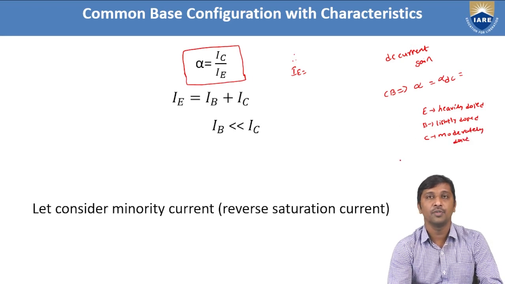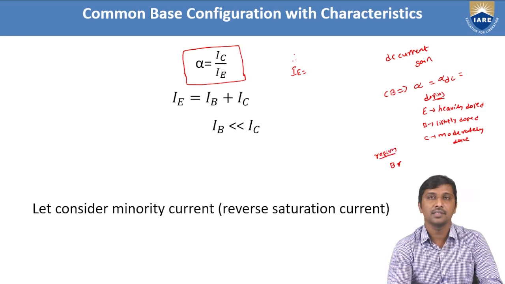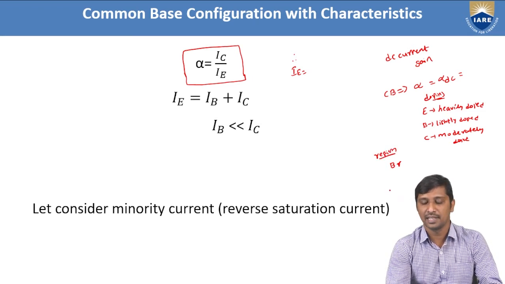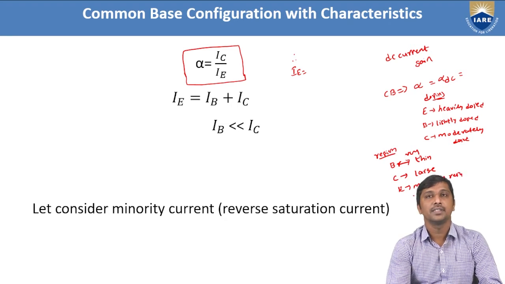Those are the doping conditions. And if you observe the widths of the regions, the base width is very thin, the collector is a large region, and the emitter is a moderate region.